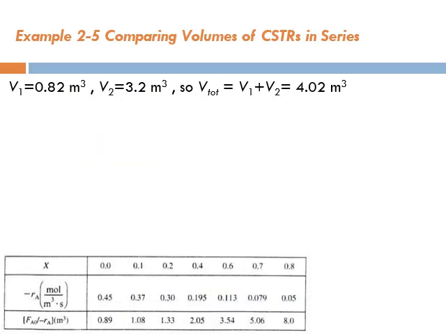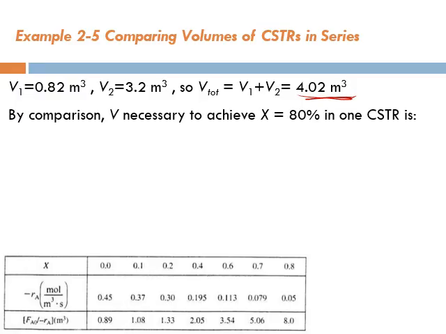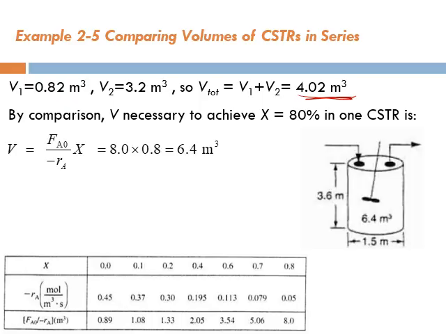Okay, now let's see something else. V1 was 0.82, V2 was 3.2, so the total volume was around 4 cubic meter. By comparison, the volume necessary to achieve 80% conversion in one CSTR, as calculated, was 6.4.